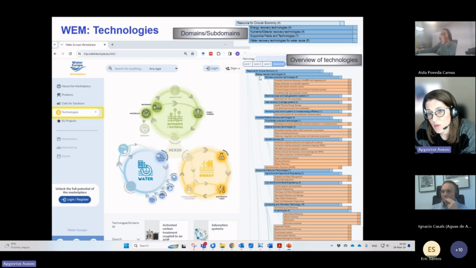The domains are highlighted in blue, and there are also some even smaller subdomains and groups highlighted in blue. Under each subdomain, we have the different technologies that have been uploaded throughout the years. This work has started with the NextGen projects, but it's an evolving step. We have also information from Ultimate, and we need to make sure that the technologies from B-WaterSmart will find their way here if they're not already included.